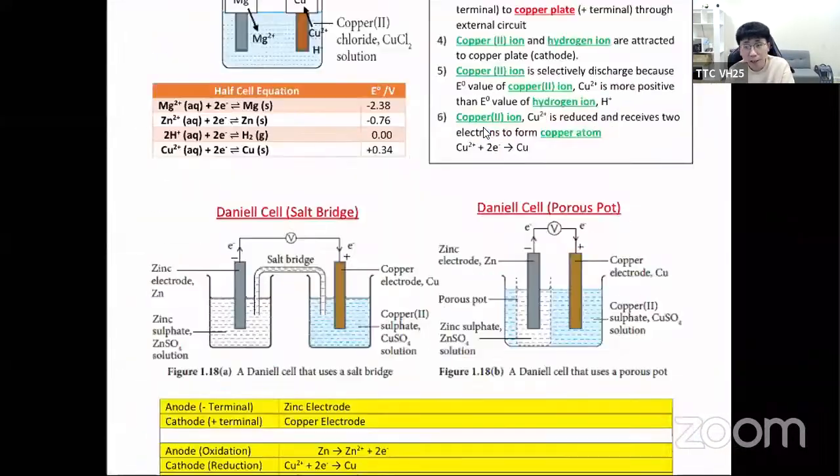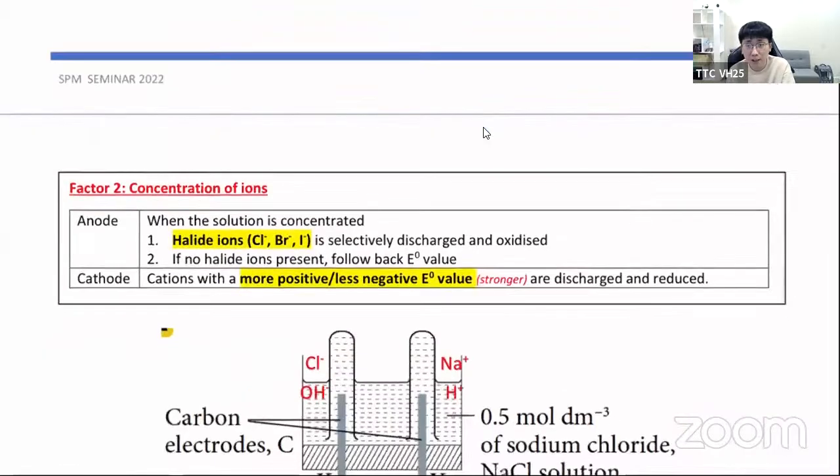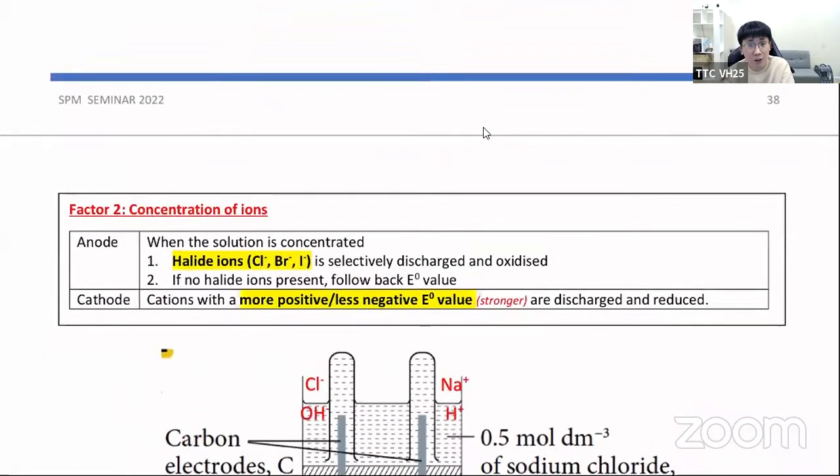if it's a concentrated solution, remember in our factor just now, if it's concentrated, at the anode, this is your notes that given to you guys. At anode, if it's concentrated, you'll be selecting halide ions, which is Cl minus, Br minus, I minus. If no halide, then only you proceed to go back to the previous factor by choosing the stronger agent.